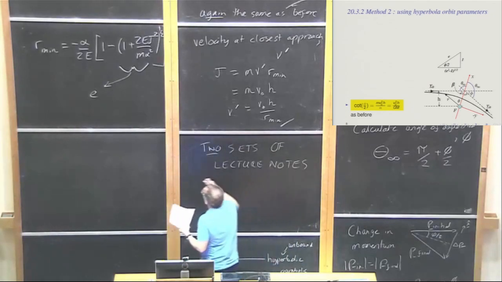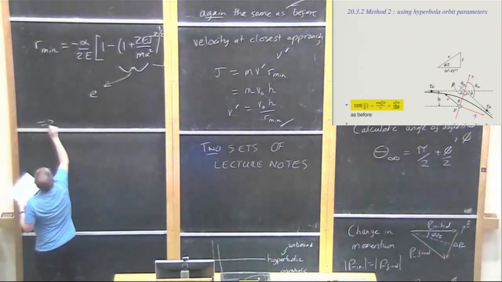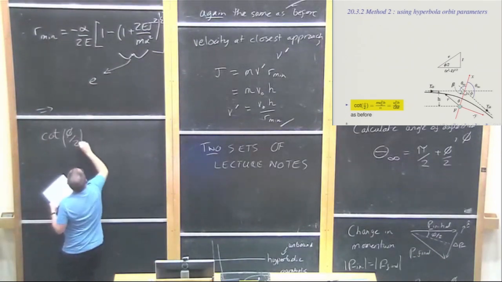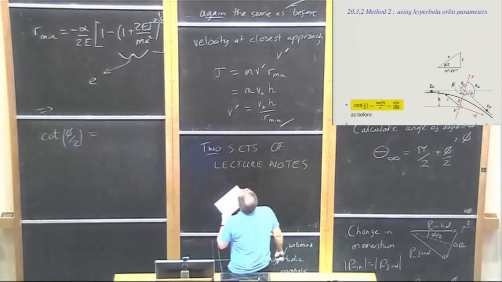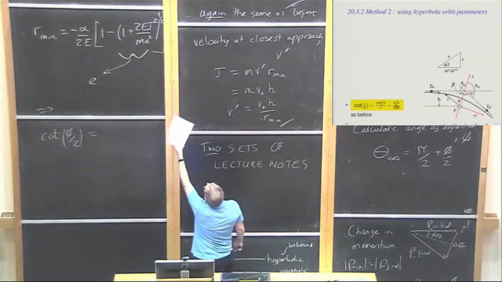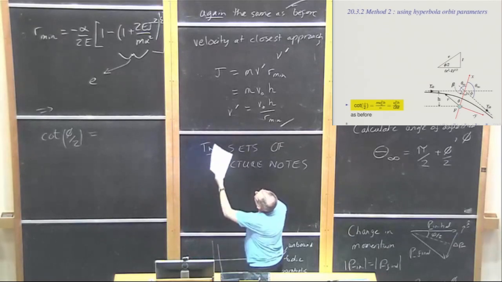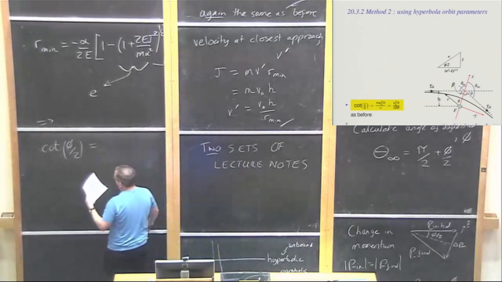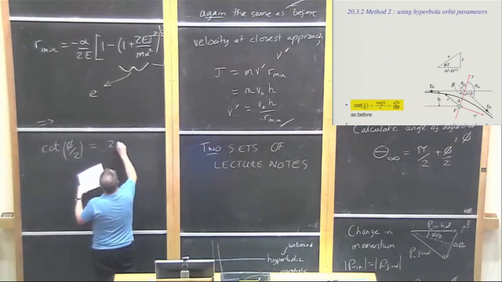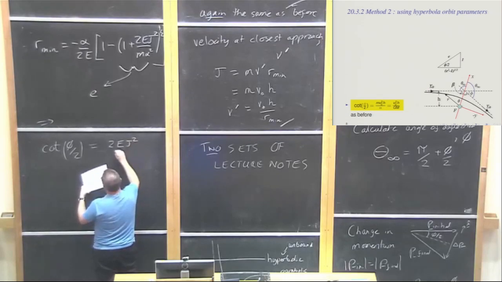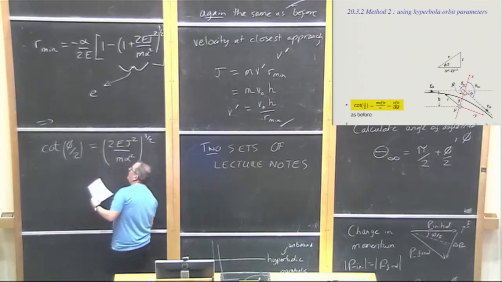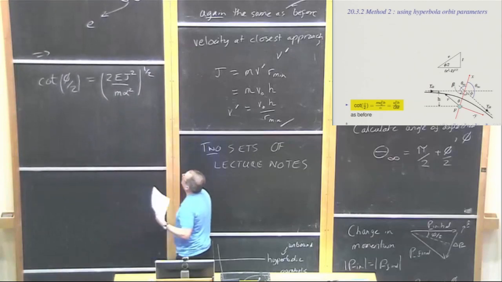Hence, cot phi over 2, I need to take this and square it, and that's okay because it's under a square root already, minus 1, so I'm just left with 2e j squared over m alpha squared, the square root thereof. So a very compact expression.